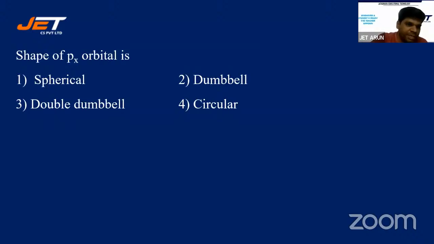Harshita, Saivardhan. Students, s orbital is spherical in shape, whereas px, py, pz are dumbbell in shape. It's dumbbell, students.